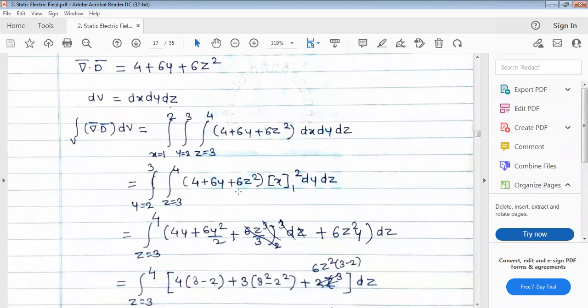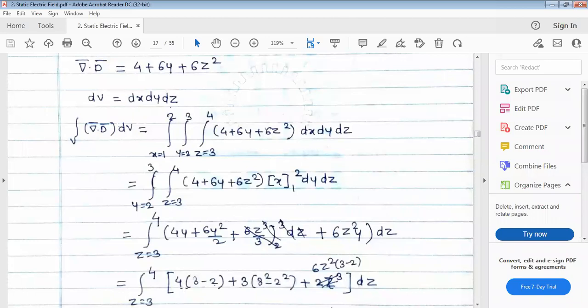Sorry, here there is no y term, so here only 6z square y will be there. When you are taking it with respect to z, you can take this into dz, the remaining term, and y is varying from 2 to 3.